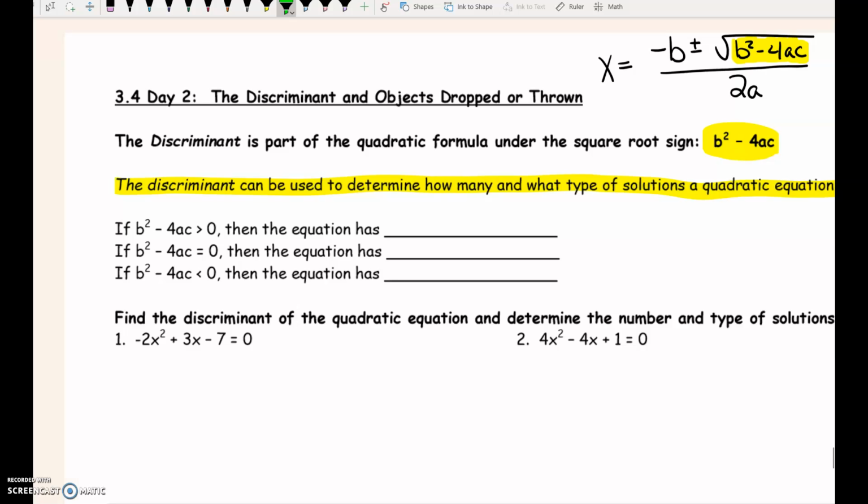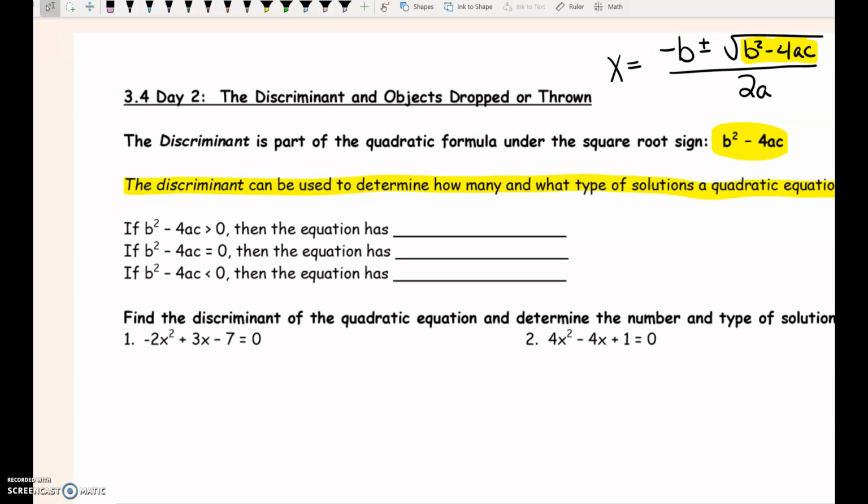If the discriminant is positive, so this first one, greater than 0 means positive. I'm going to write POS for positive. POS means positive, not something else. If the discriminant is positive, then the equation is going to have two real solutions.